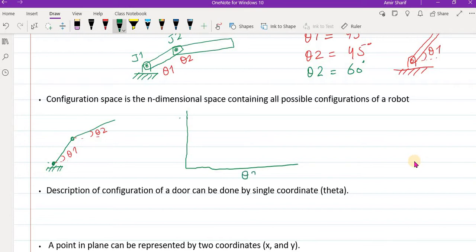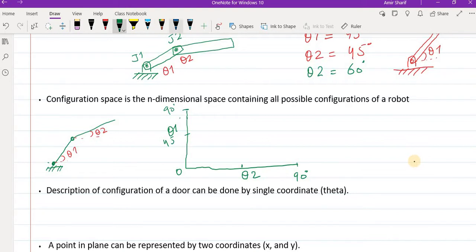Here will be your theta 2, here will be your theta 1, and it has all the values starting from 0 to, let's say here we have 45, and then here you have 90 degrees, and here again 45, and here you have 90 degrees. So this space containing all possible configurations of this robotic arm is called the configuration space.